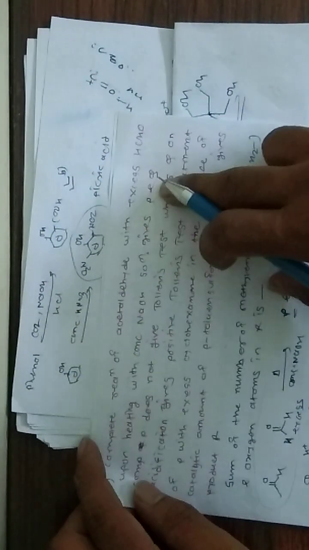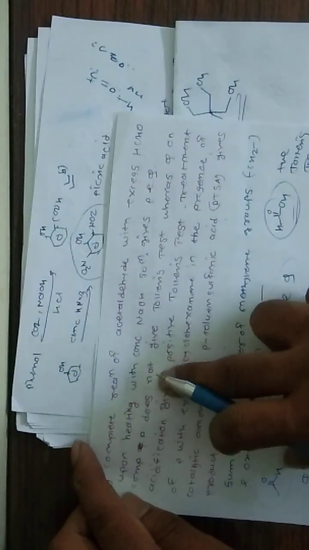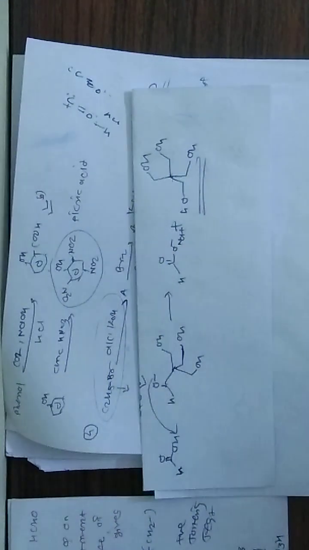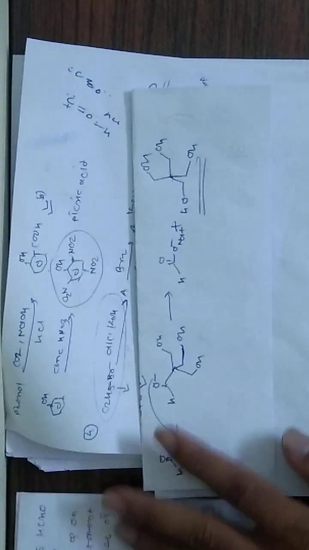So among these, which is our P and which is our Q? The question's next statement is that some compound P does not give Tollens test, whereas Q on acidification gives a positive Tollens test. If you see here, this has no carbonyl carbon, no aldehyde or ketone group, so definitely this will not give Tollens test.